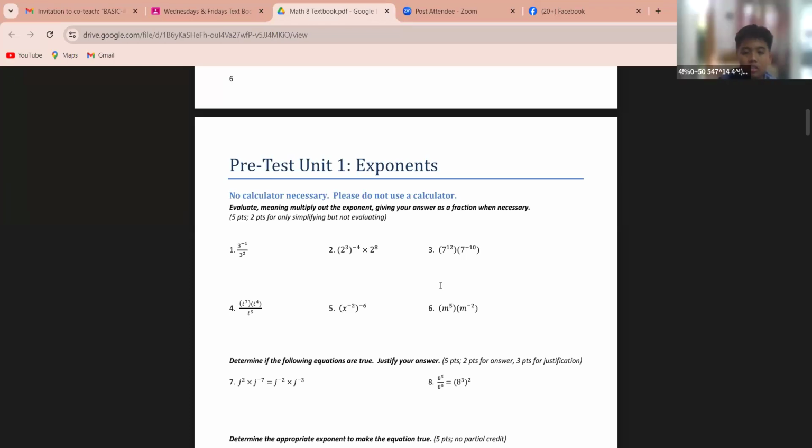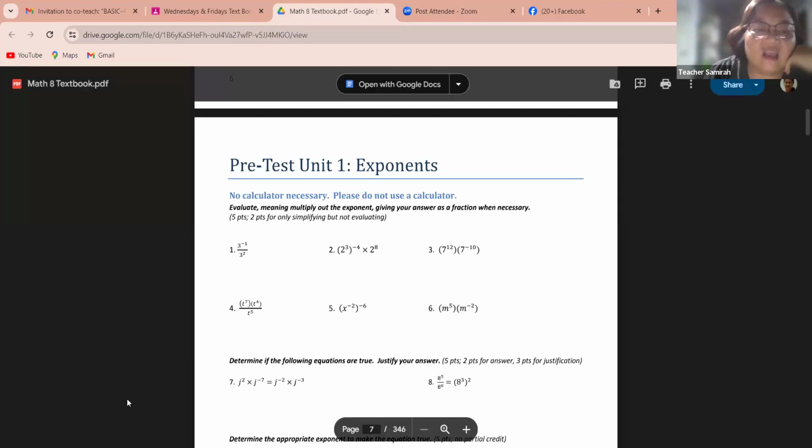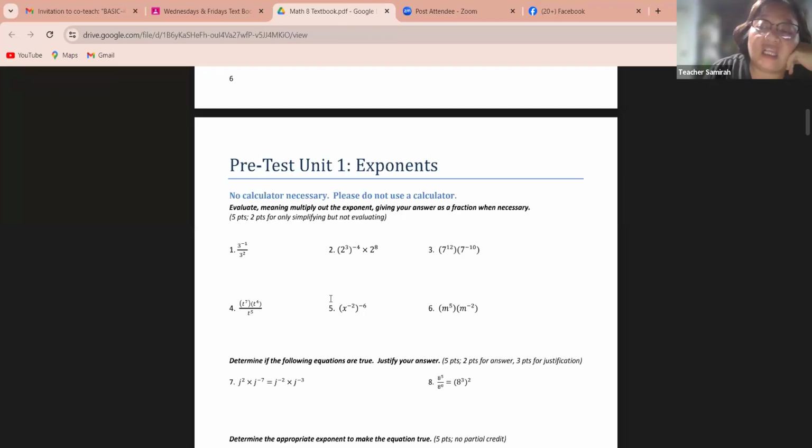Very good. So the answer would be t with the power of 6, or t with the exponent of 6. Okay? So we will not deal with 2 and 5 yet, because we are not done with that one yet.